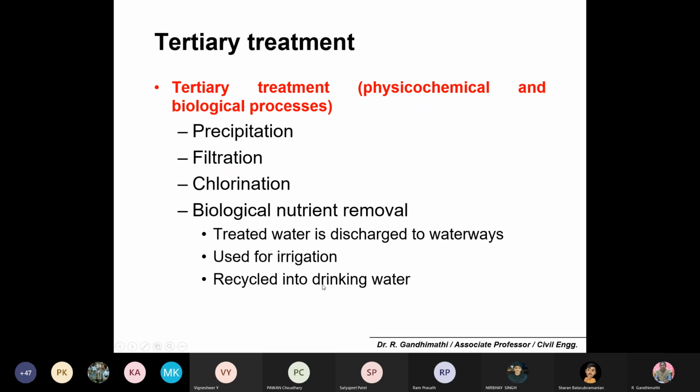For example, if you want to reuse the treated effluent for irrigation or for drinking purpose, or if you want to take care of your water sources, like river water bodies, maybe you can remove completely all the nutrients before discharging into nearby water bodies.